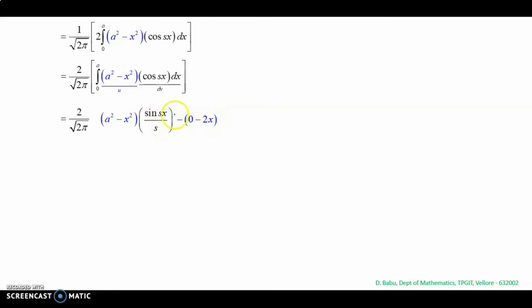Next integrate the second bracketed term: integration of sine sx is minus cos sx divided by s, so s into s. Next alternate sign, plus. Differentiate the first bracketed term, that is minus 2, and integrate the second: integration of cos is sine sx divided by s into s. Next alternate sign, minus. Differentiation of minus 2 is 0. So all the terms after this are 0, and we stop the Bernoulli process.